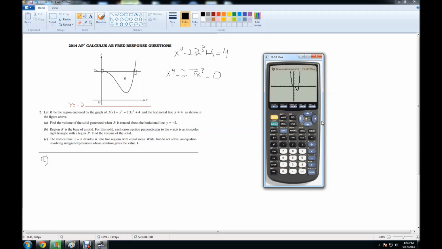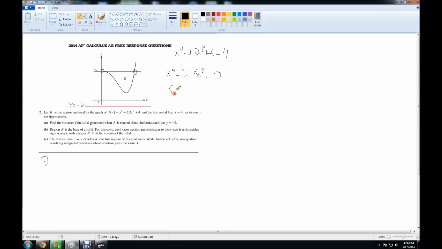Now, the reason why I wanted to graph this is because when I did this problem a few days ago, along with fellow peers of mine, they actually got a zero of, not a zero, they actually got 5.0023 times 10 to the -5.